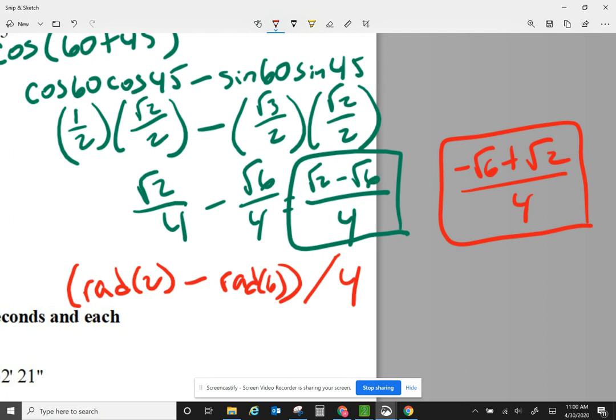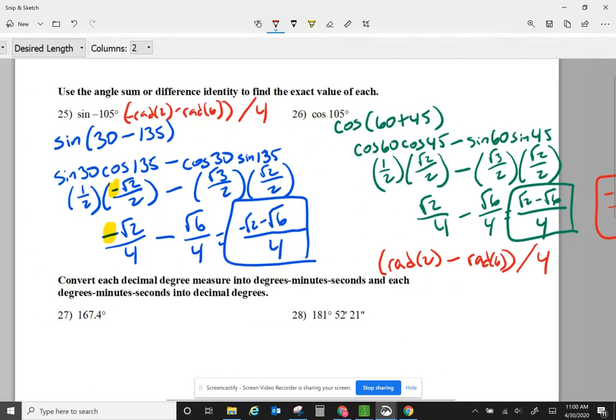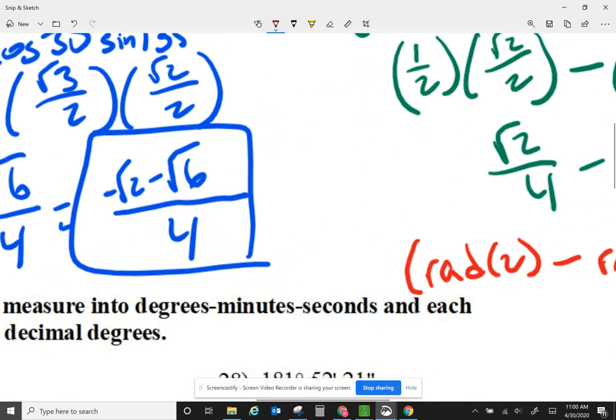You might have that. Notice how on the top, the order switched. Just keep in mind, things kept the sign. Same thing for number 25. Some of you guys might have a different order, like negative radical 6 minus radical 2 all over 4.